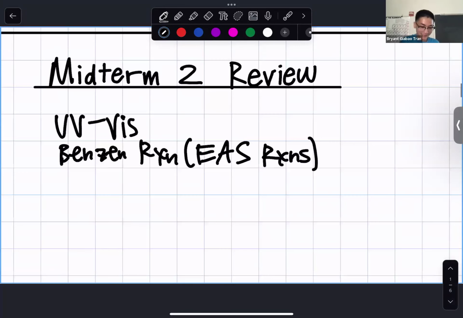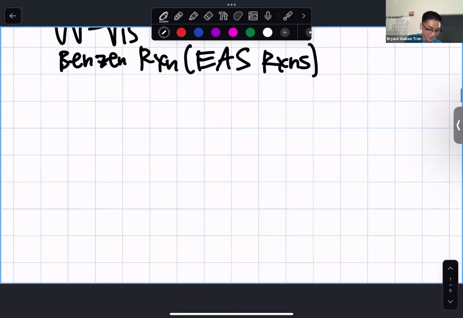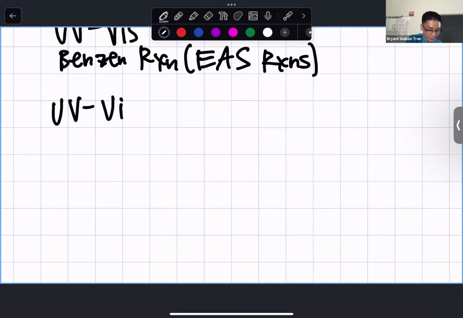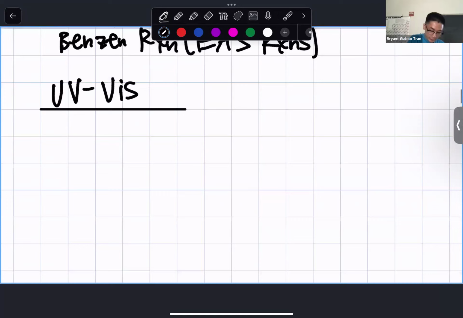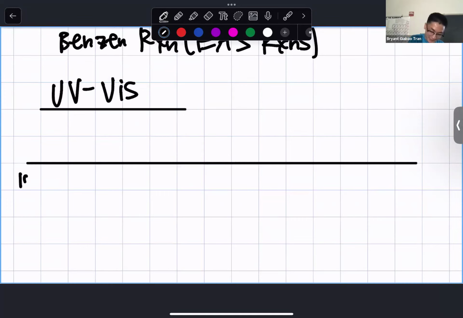Right? So for UV-vis, here are the general concepts you need to know for this class. UV is going to be between, let's say, 100 and 400 nanometers. This x-axis here is going to be in units of nanometers.